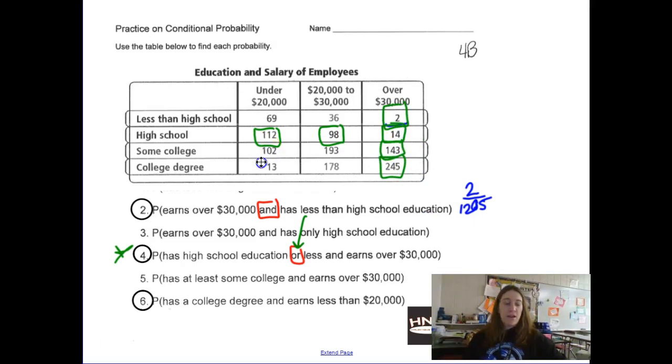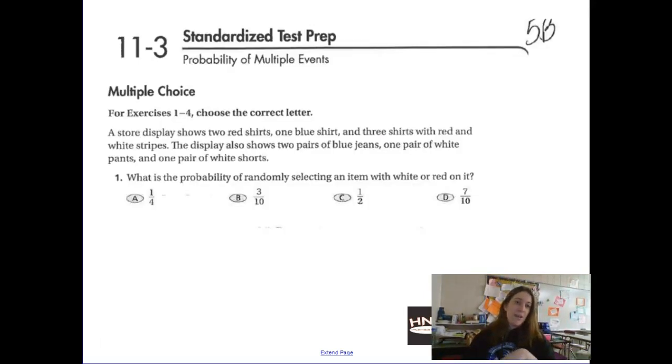If I went through and added up all those numbers, which I think I already did, maybe, I think it's 614. If that's not correct, I apologize, but I think it's 614 out of 1205. I don't know if that reduces. I didn't bother looking. All right, so be careful. And versus or, two very, very different concepts.